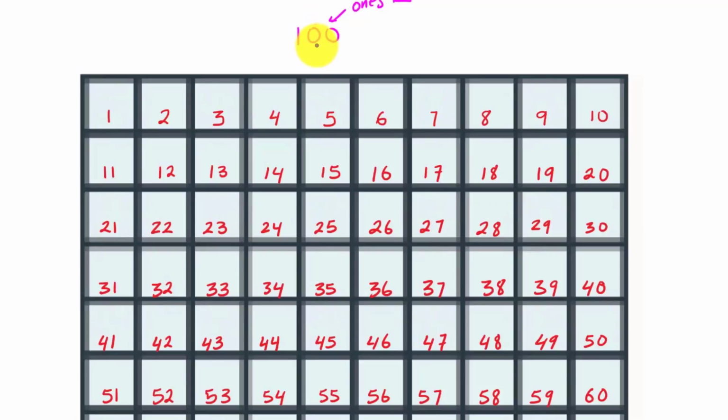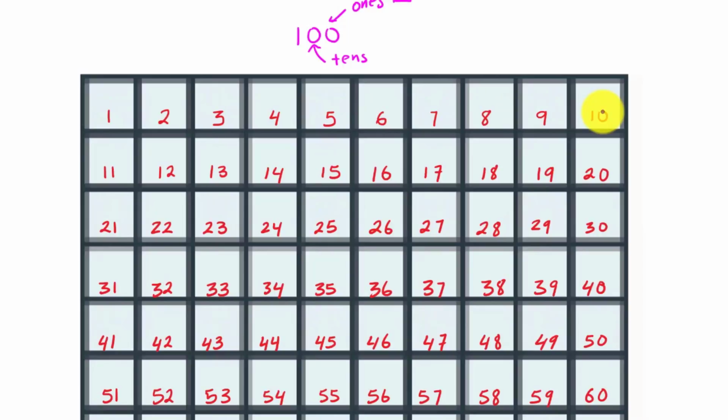Then, after the ones, we have something called the tens. Okay? And this is the tens. So the second digit to the right is always the tens. So what does the word tens mean? Well, 10, let's count. 1, 2, 3, 4, 5, 6, 7, 8, 9, 10.